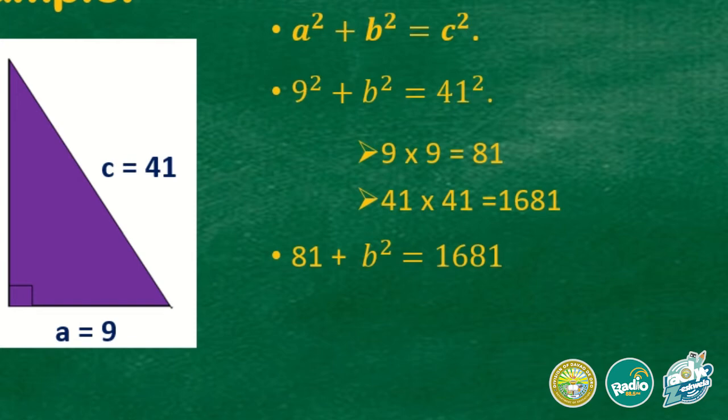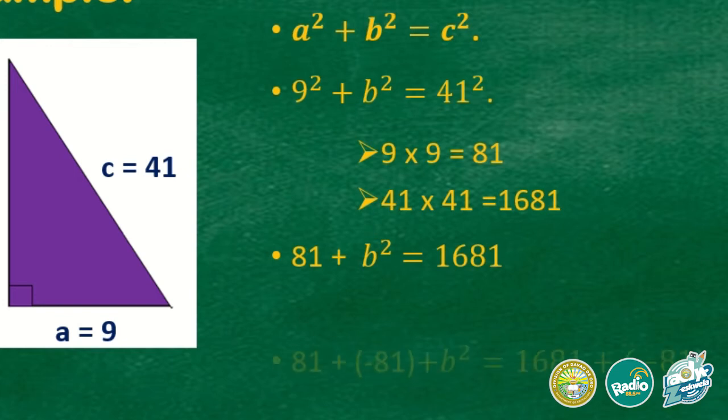Since we are looking for the value of b, we need to eliminate 81 by using addition property of equality, which means we need to add the same number with different sign on both sides of the equation.